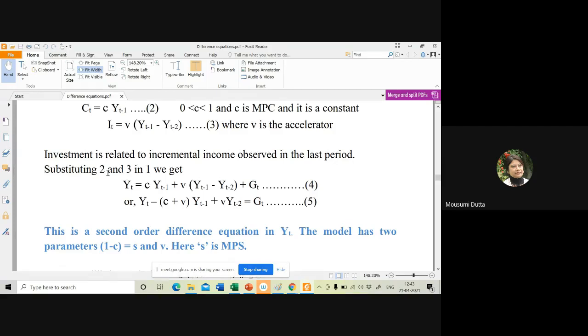So Hicks presented the model in terms of marginal propensity to save rather than marginal propensity to consume. Henceforth, c will be replaced by 1 minus s. I hope you know that MPC plus MPS is equal to 1. Do you know that?